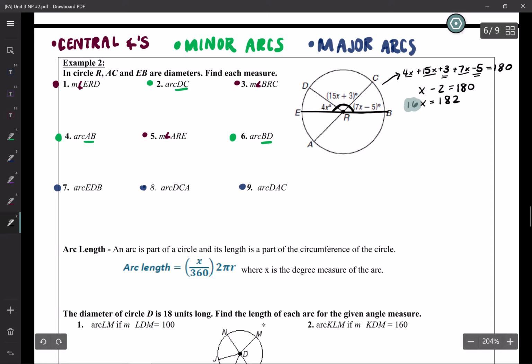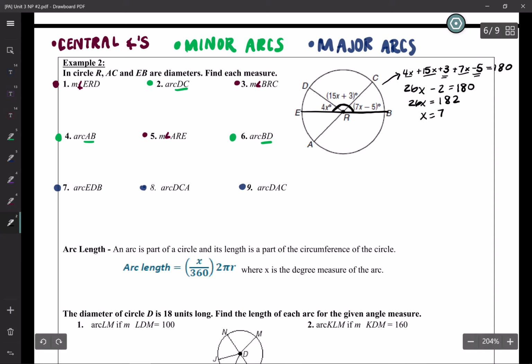If you add all those coefficients together, it's actually 26x. There we go. So 26x, and I get x equals 182 divided by 26. Pretty sure that's 7, but I'm verifying on my calculator right now. Yep, it's 7.